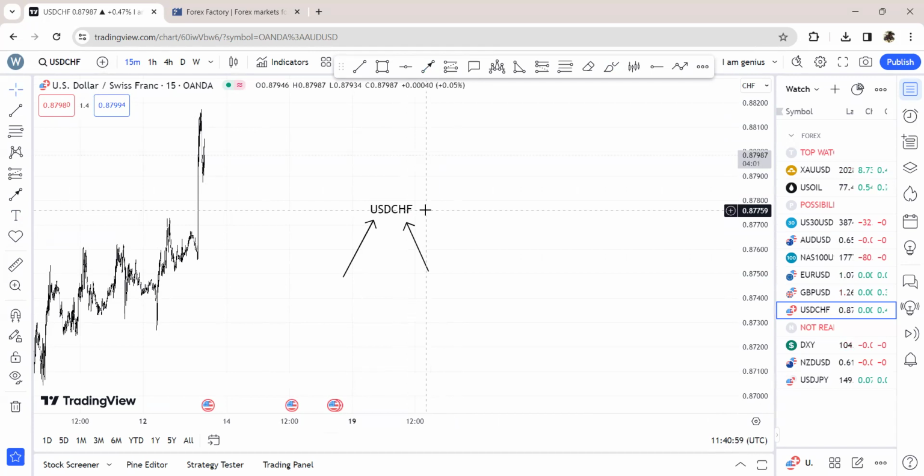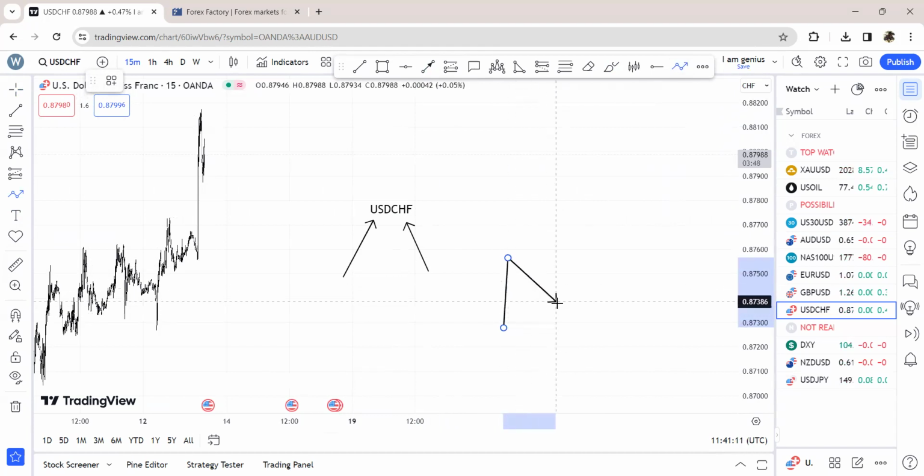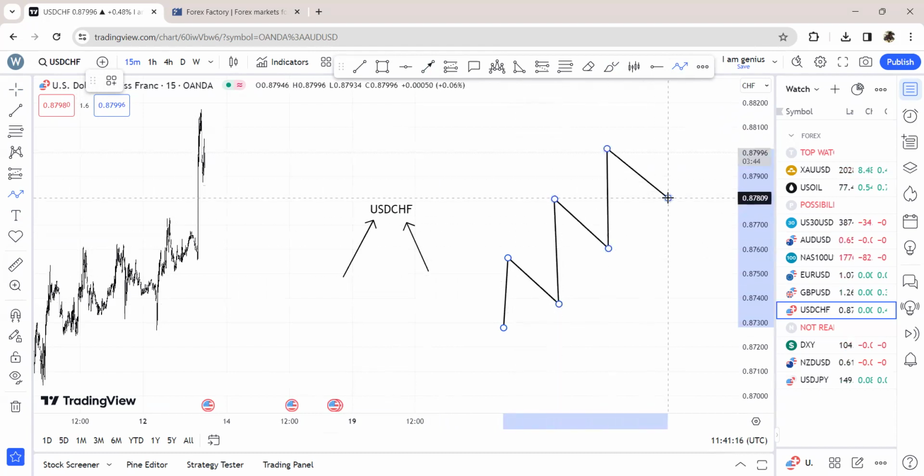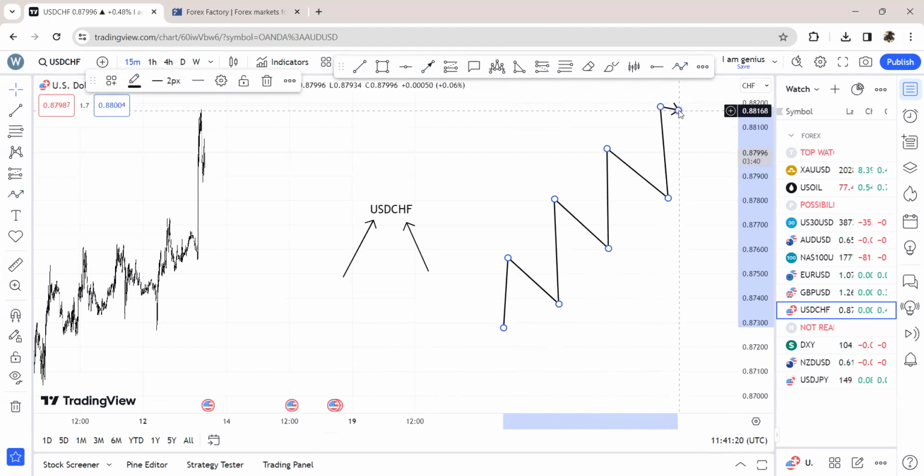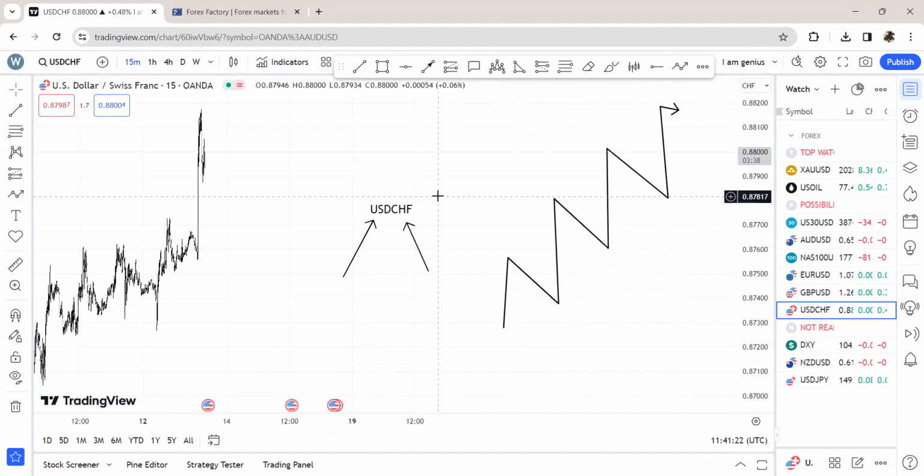Now, how does the quote affect the market? It affects it in the opposite direction to the base. What I mean is simply this. Let's say we had an uptrend. We have this uptrend for USD CHF.